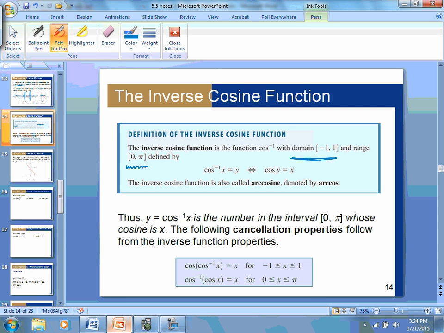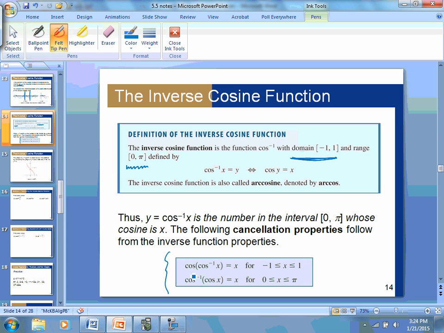And we do still have our cancellation properties. And they're listed right here. So again, if you can remember these shortcuts, great. If not, that's okay. You can still think through the process like we did in the previous slide. But if you're taking the cosine of an inverse, then that x value has to be between -1 and 1, which is your domain.